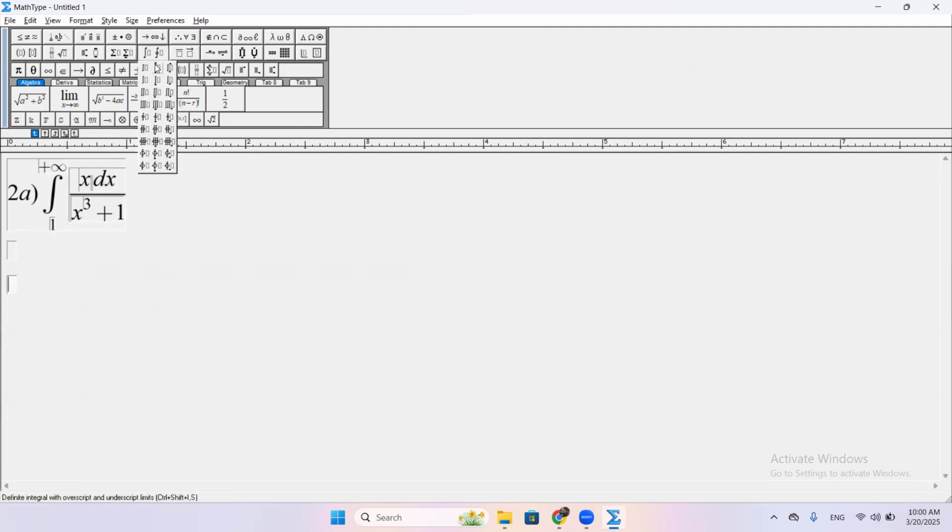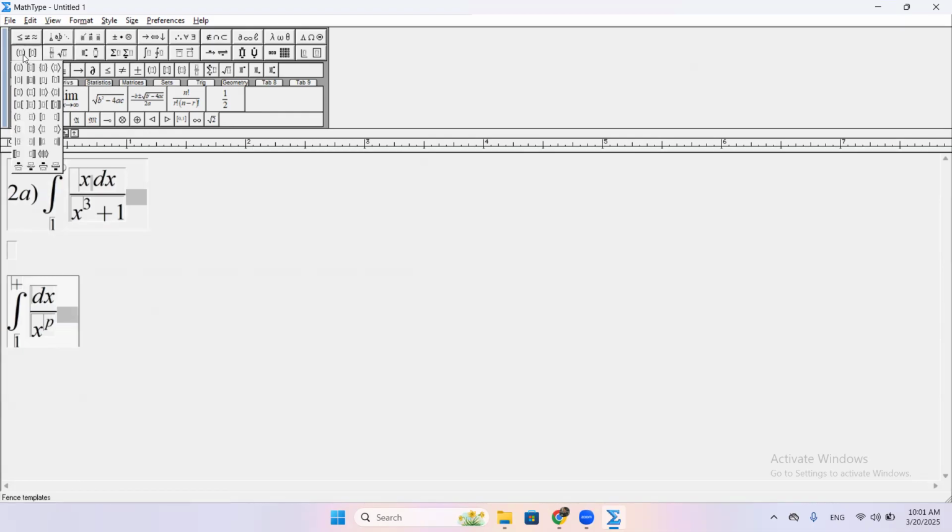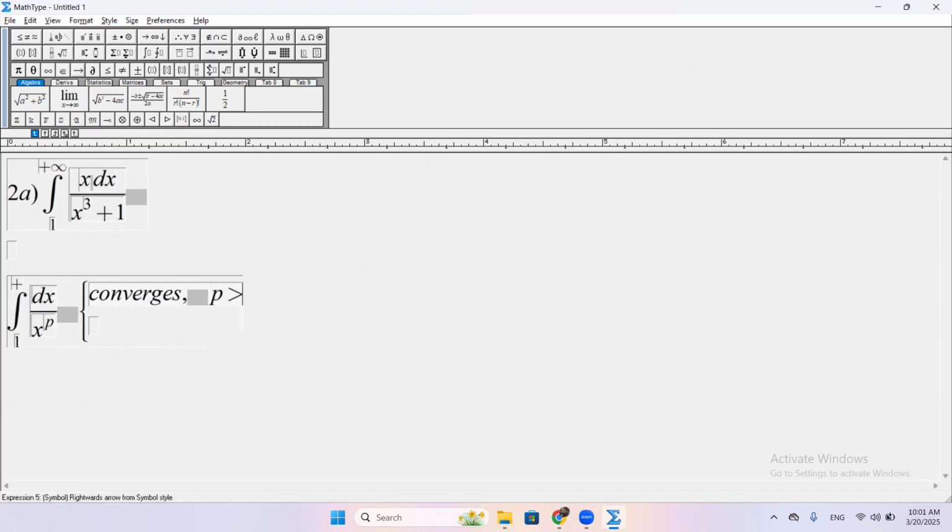So actually, we know that such an integral, 1 over x in power of p, converges when p is greater than 1 and diverges when p is less than or equal to 1.